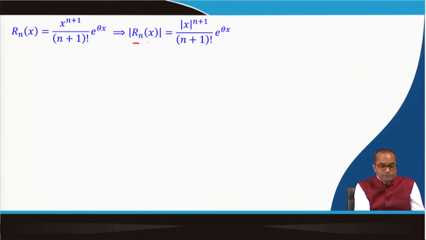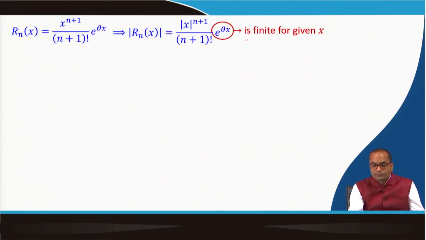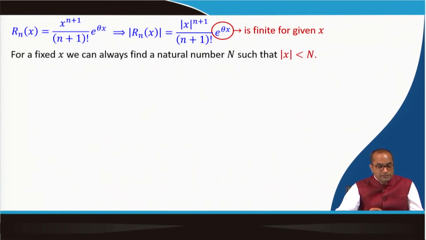We write the absolute value of R_n(x) as |x|^(n+1) over (n+1) factorial times e^(theta x), as it is a positive quantity. So, we did not put any absolute value there, and this is finite for a given x. Whatever x we have, e^(theta x) is going to be a finite number, so we are not much worried about this number.